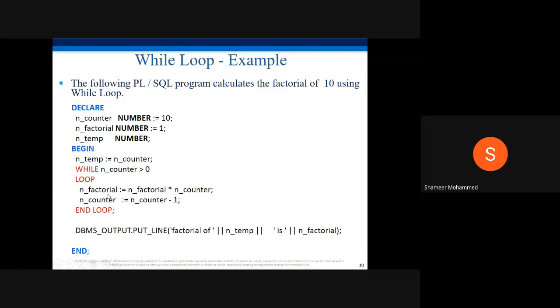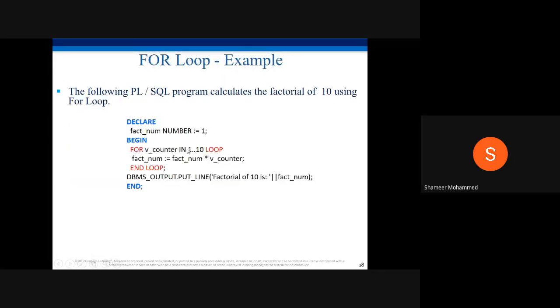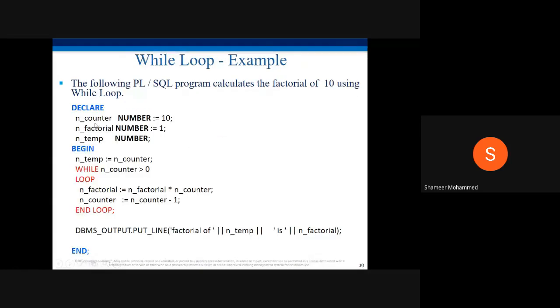The same logic, but see some variable names are different. This is the starting number, this is the ending number. But in the while loop, we have to declare them as variables. And to store the result, some other variable, a temporary number.